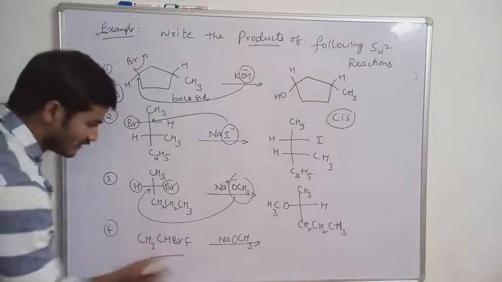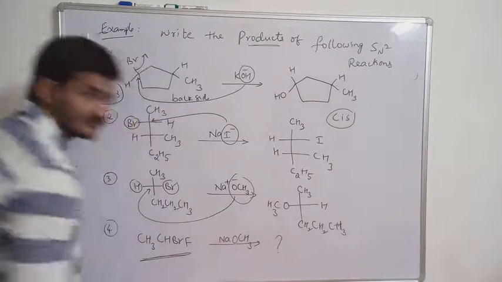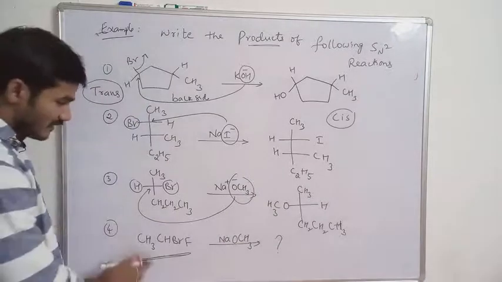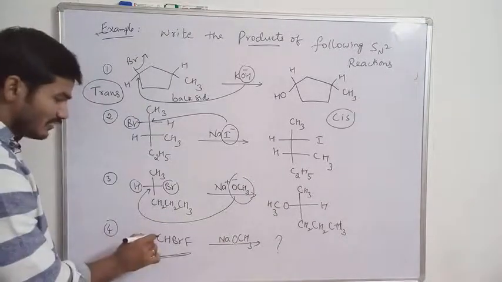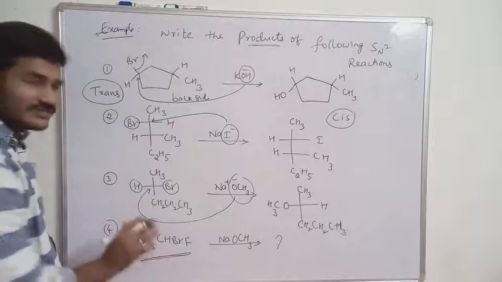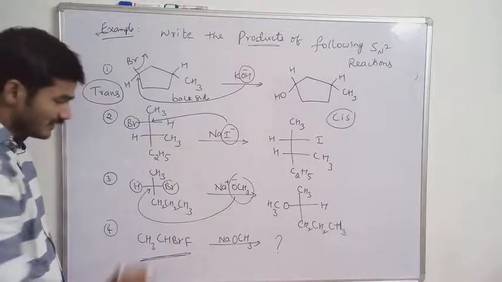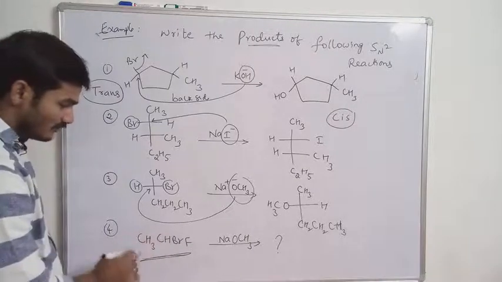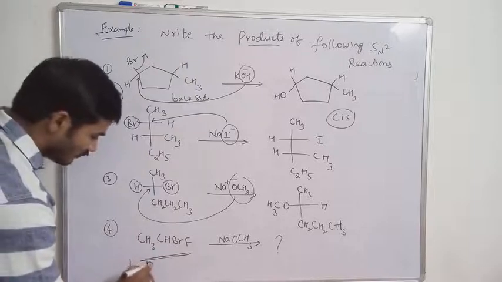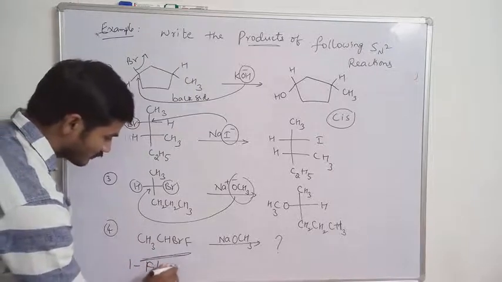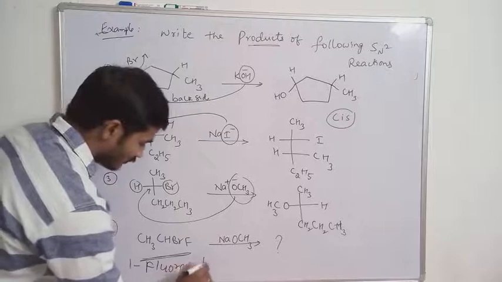Now coming to this, can you write the product for this molecule? This is 1-fluoro, 1-bromo, 1-fluoro, ethane. According to alphabetical order, 1-bromo comes first.